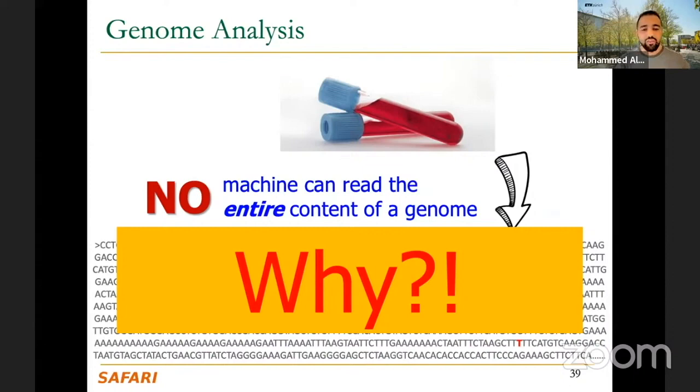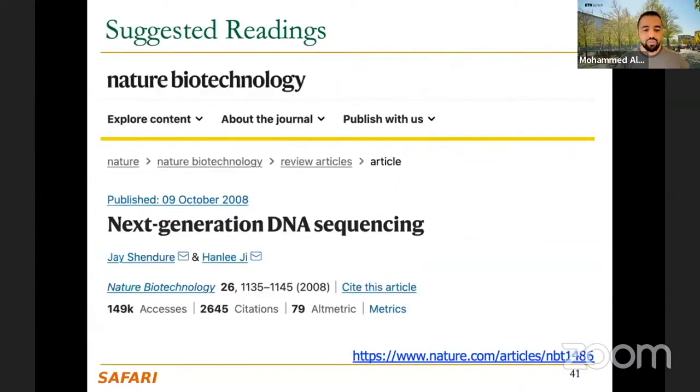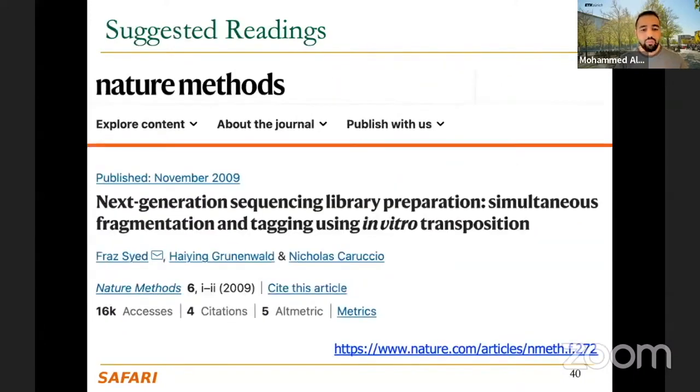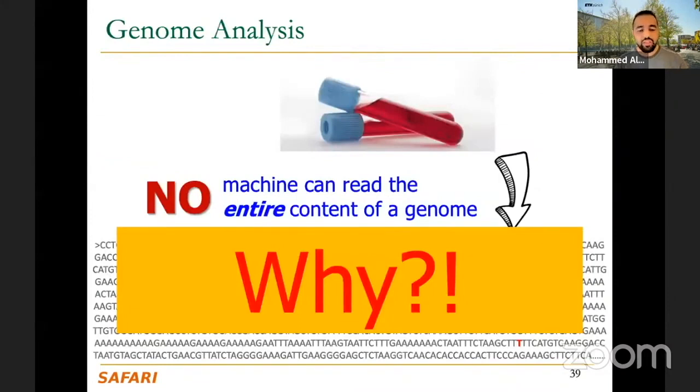There are a lot of reasons discussed in these two papers, so I recommend you read them. But in short, the chemical materials they use in the library preparation or during the sequencing have a lifetime. And this lifetime can finish very quickly after reading a small number of your bases.